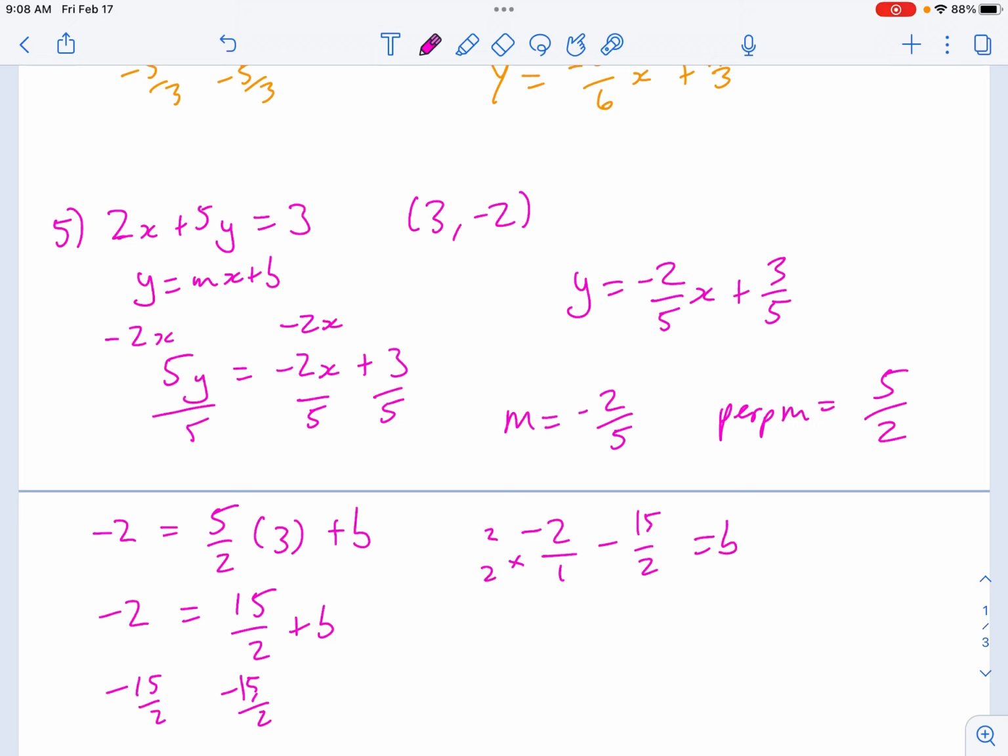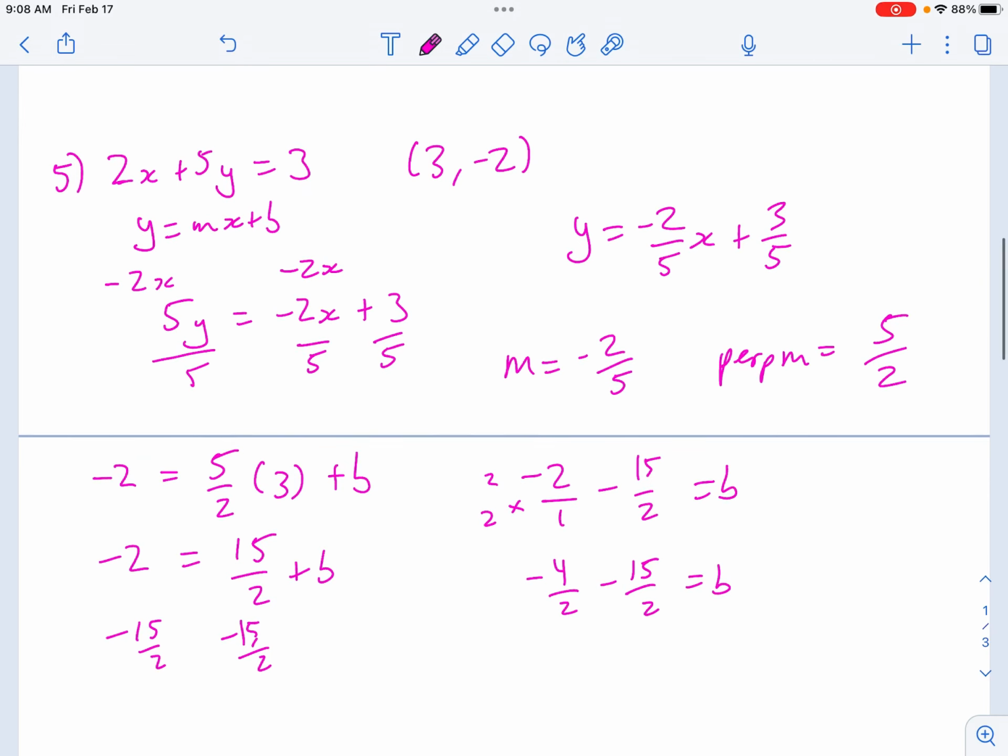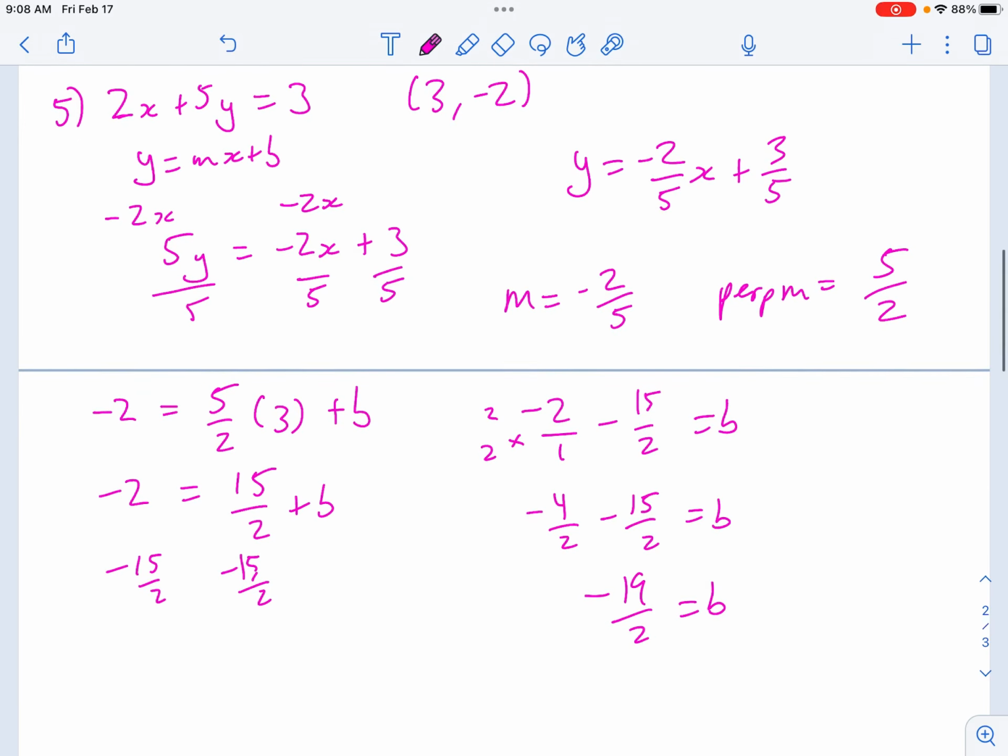Multiply top and bottom by 2. And end up getting here -4 over 2 minus 15 over 2 is equal to b, which means that -19 over 2 is equal to b. So my equation is y is equal to 5 over 2x minus 19 over 2. And that would be how I find that one.